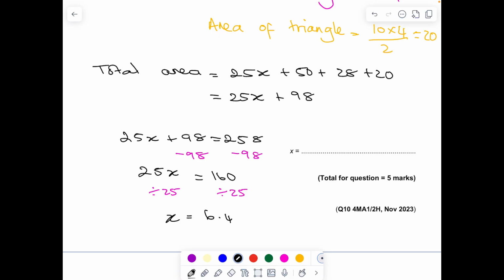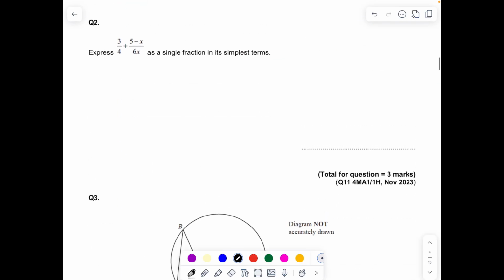Okay, so next one we had to write this as a single fraction. Well, the only way you can add fractions is if both denominators are the same. So I'm going to make both denominators 24x. No, I'm not actually.